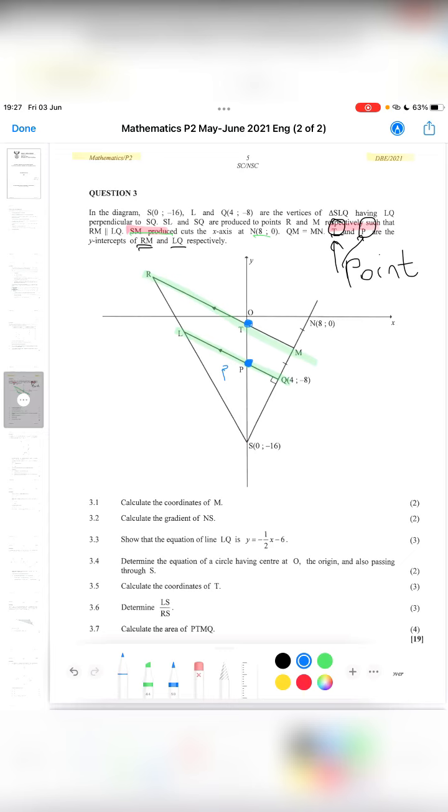And most importantly, we know that at point P, y is unknown and x is 0. And again for T, same thing. X is 0, the y value is unknown.